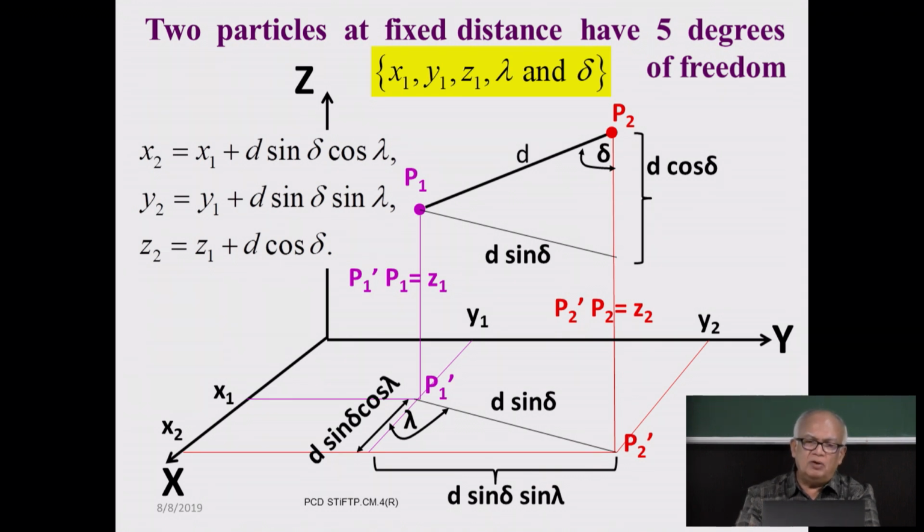And we are now talking about the possibility of placing a third particle which is at a constant distance from P1 and also from P2. So where can you place it?